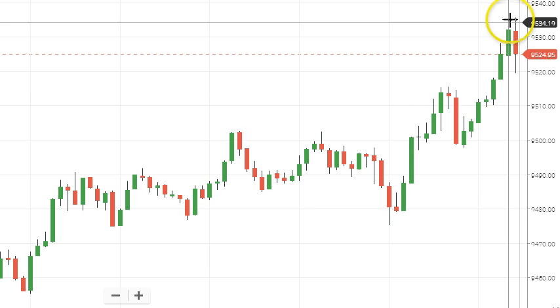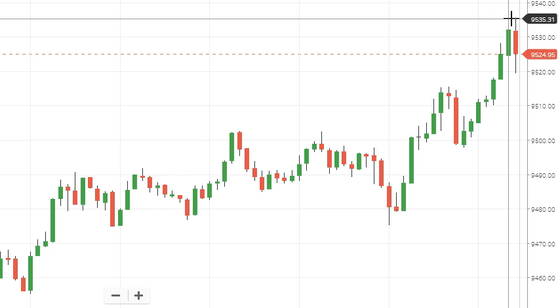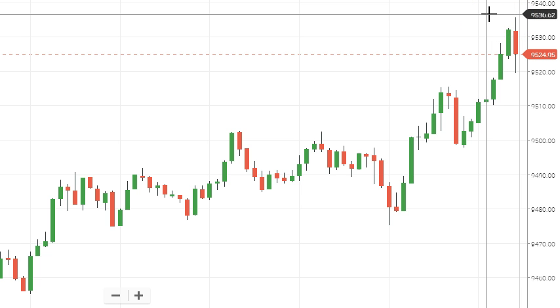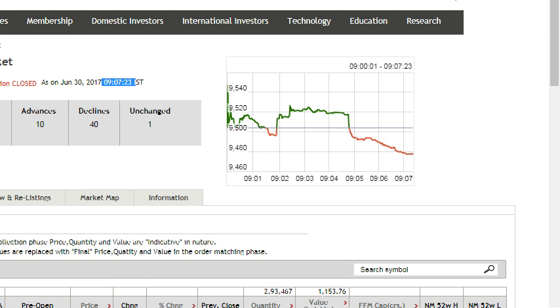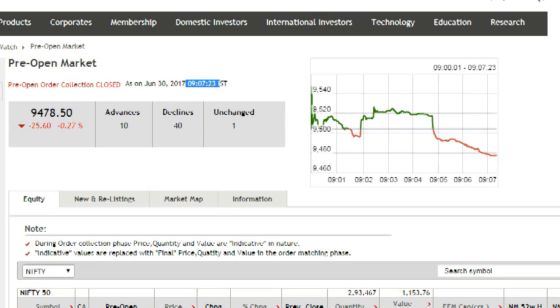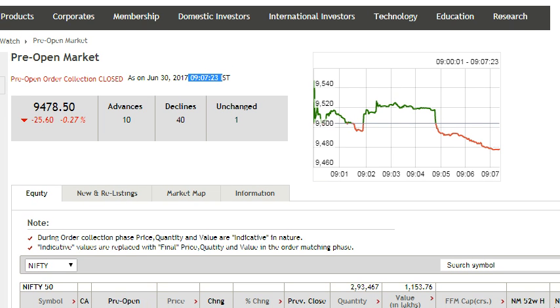The highest point for Nifty spot for the day was 9535, which is 12 points short of the pre-open high spike value. So what I understand is that the pre-open range gives the extreme price expectation between the buyer and seller for the day, and you could probably expect Nifty to trade within this range.